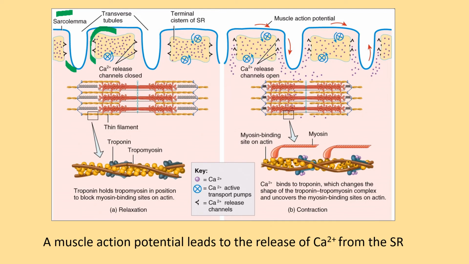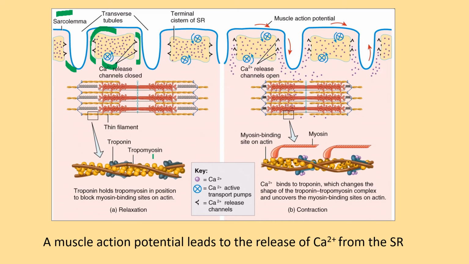It's full of calcium because these calcium pumps are constantly transporting calcium out of the cytosol and into the sarcoplasmic reticulum. And there's no action potential in the sarcolemma, so these calcium release channels are closed and calcium is stuck inside the SR.